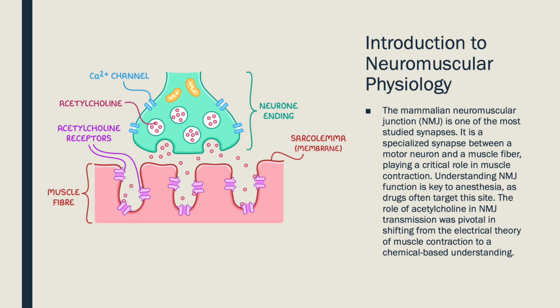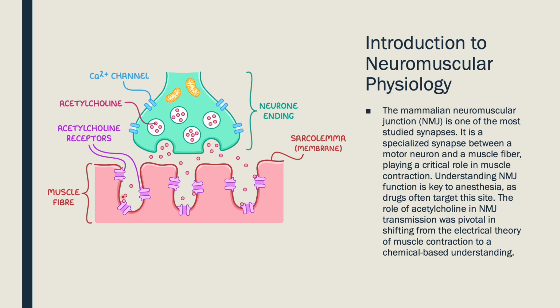It is crucial that you understand the neuromuscular junction. This is a critical site where nerve impulses are transmitted from motor neurons to skeletal muscles, and this leads to muscle contraction. The transmission depends on the release of acetylcholine from synaptic vesicles, right here in the presynaptic terminal, and these will bind to the nicotinic acetylcholine receptors in the postsynaptic muscle membrane.